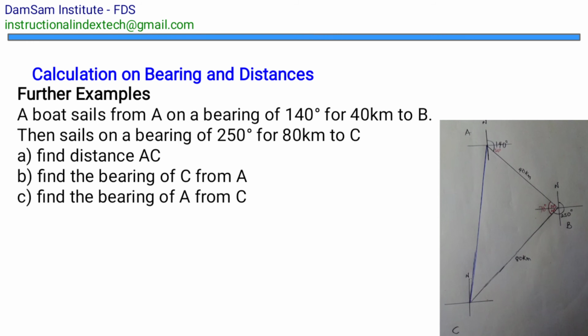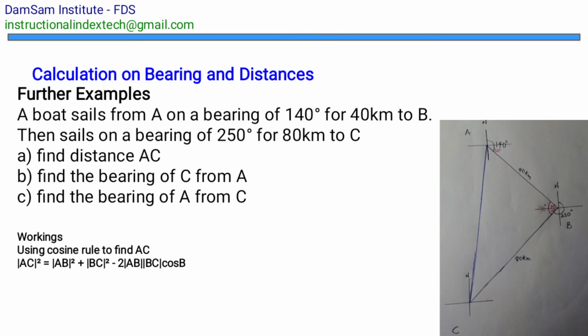Do not forget we have the side AB, which is 40 kilometers, and the side BC, which is 80 kilometers. So with that, we can couple it together and make use of the cosine rule to find the distance AC, which we are going to do now. Please take a careful look at this.